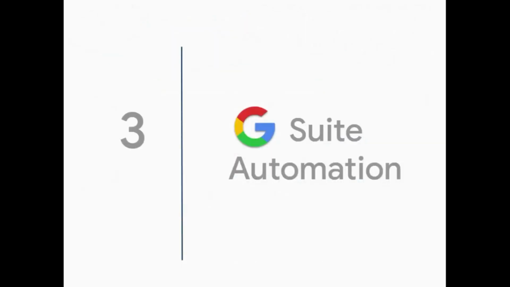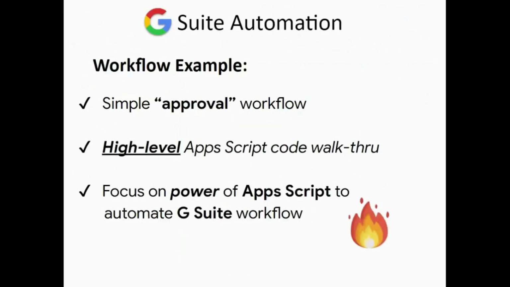So we talked a little bit about workflow automation. We've talked a little bit about AppScript. Now let's step in and see how AppScript can power G Suite workflow automation. I'm going to step through a very simple workflow example today. It's actually a simple approval workflow, because many of us are already familiar with an approval type workflow.